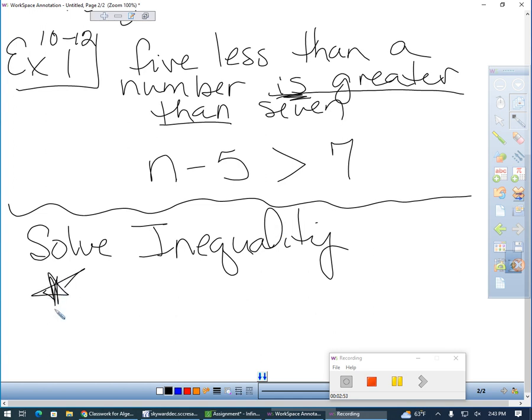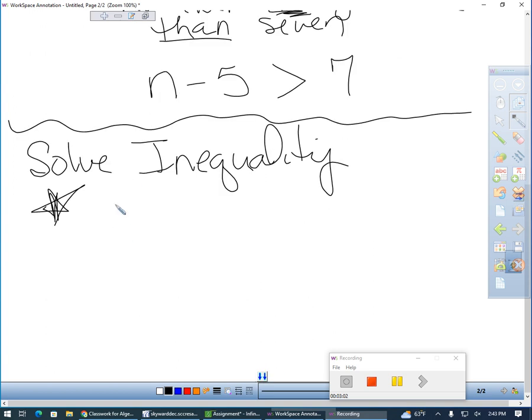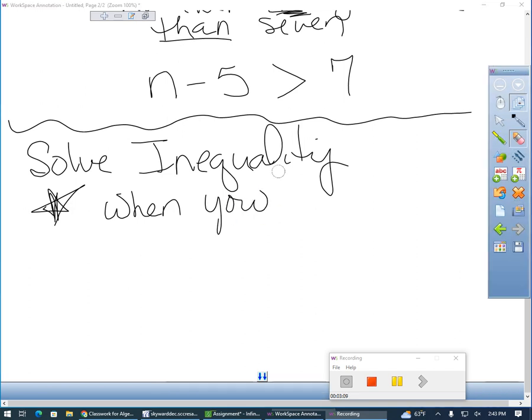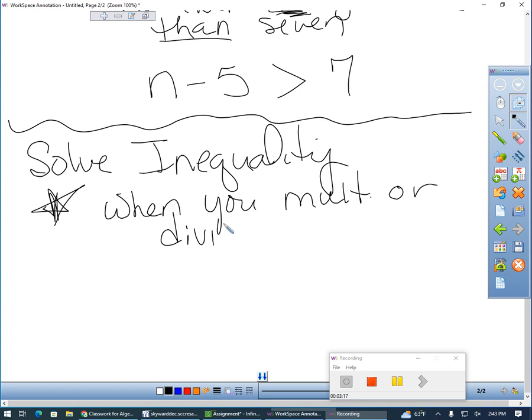What is a special rule when we're solving for an inequality? Yeah. When you multiply or divide by a negative, the sign flips.